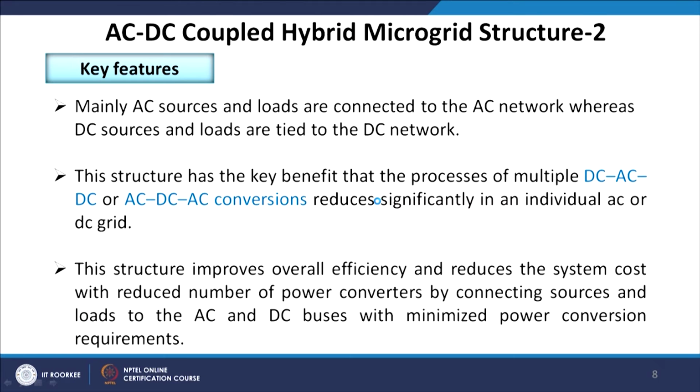This structure improves overall efficiency and reduces the system cost with a reduced number of power converters by connecting sources and loads to the AC and DC buses with minimized power conversion requirements.